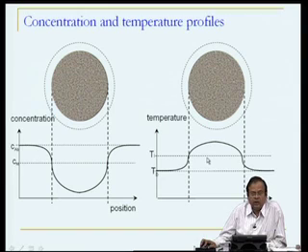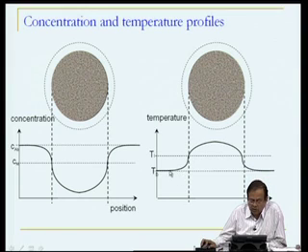Same thing can be said about temperature. Far away from the surface of this catalyst, the temperature is some bulk temperature Tb. Closer at the surface, temperature is Ti. We are assuming this reaction is exothermic.